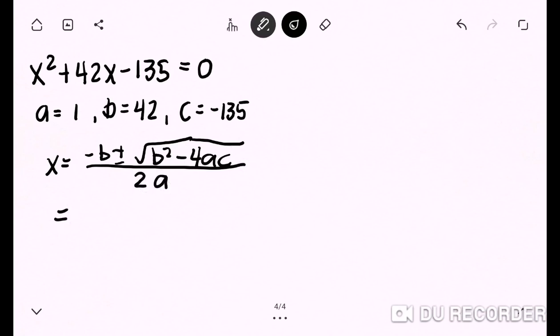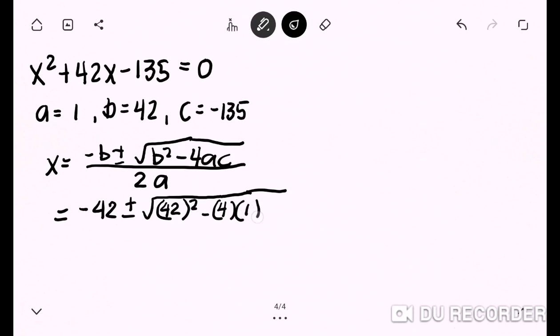So, substitute natin. We have negative 42 plus or minus b squared, 42 squared minus 4 times our a is 1 and c is negative 135 all over 2 times 1.